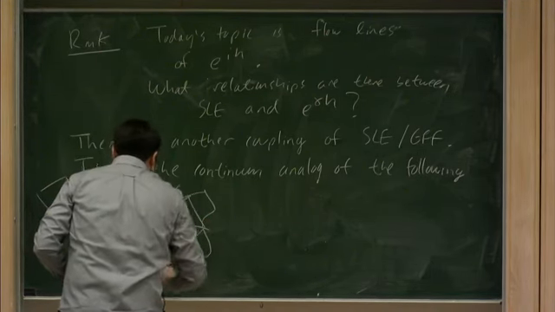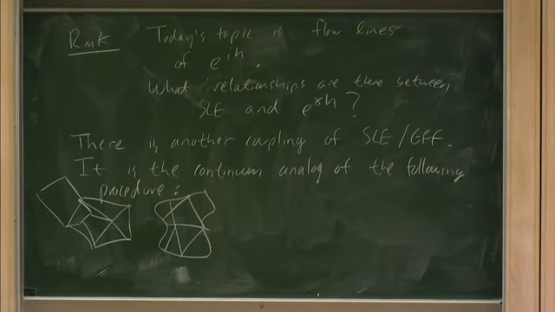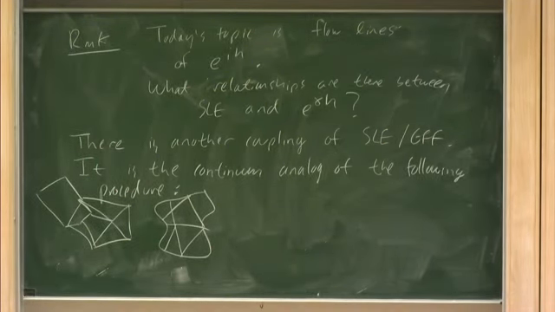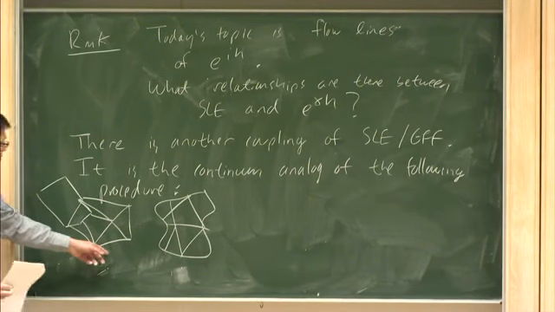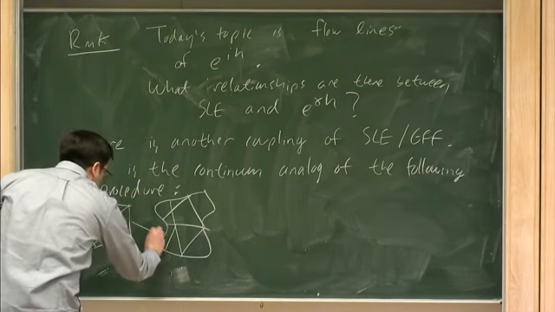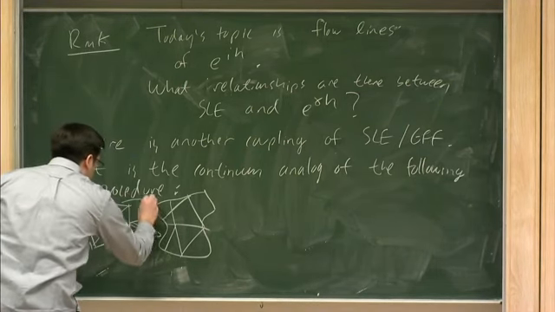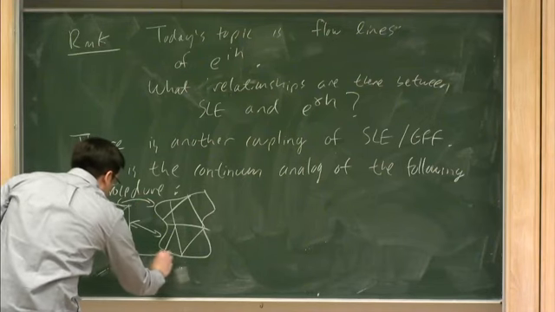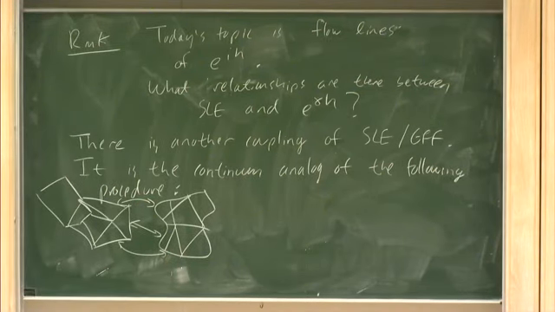I guess this is not a quadrangulation. But anyway, you have two maps like this. And if you have two of these maps that have boundary, then there's a natural way to glue them together just by identifying their boundary segments.